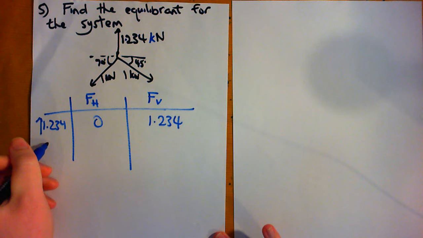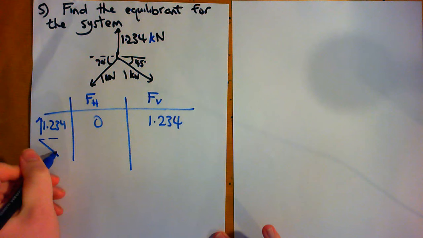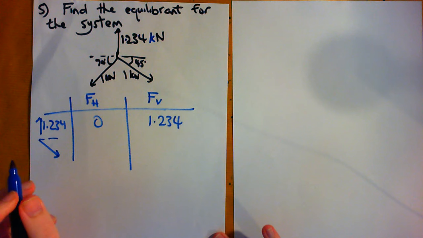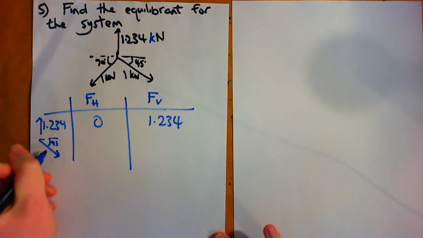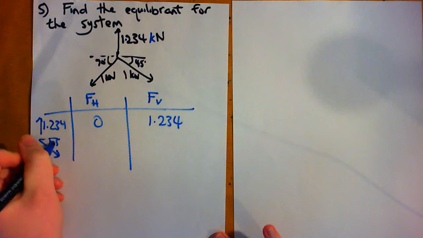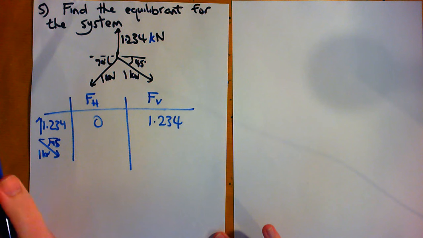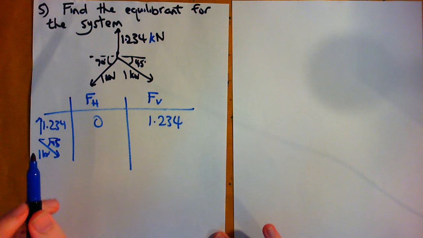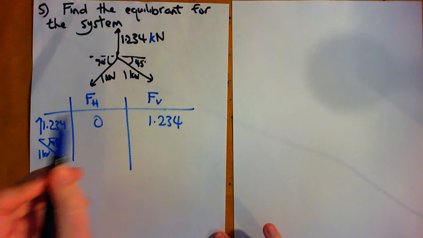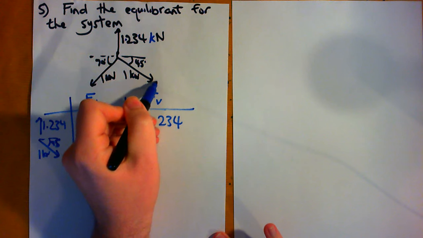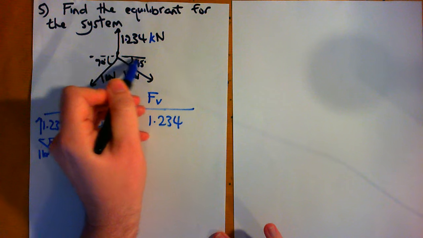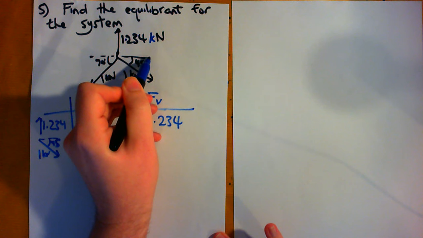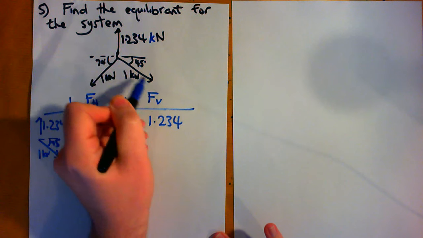We then have below the horizontal on the right a 1 kilonewton force at 45 degrees. So the horizontal component is going to be, we're dealing with this right triangle. The horizontal component is the adjacent side and its hypotenuse is 1.